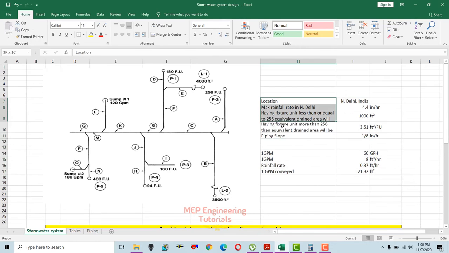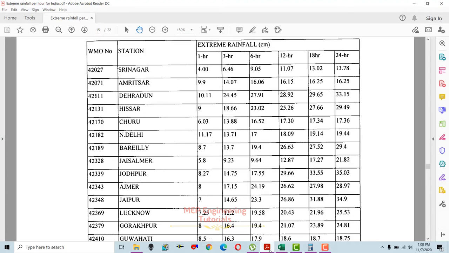Because rainfall rate is different for each city in the country, or different in different countries. So first of all, we have to check the location. Since I'm talking about New Delhi, India, I first have to get the maximum rainfall rate in inches per hour in New Delhi. So I have a table here for 72 different cities in India.